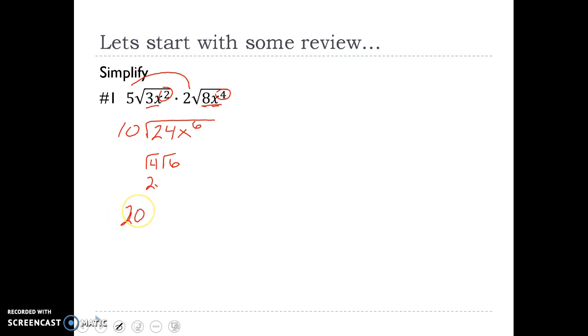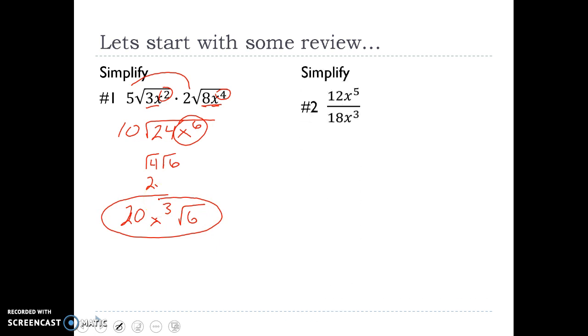And so I have a 20 on the outside. And then I have a radical with a 6 on the inside, because I can't simplify the square root of 6. But then I also have these 6 x's, and I want to pull them out in pairs. How many pairs would that make? And that would be 3. So my final answer here would be 20x to the 3rd times the square root of 6.